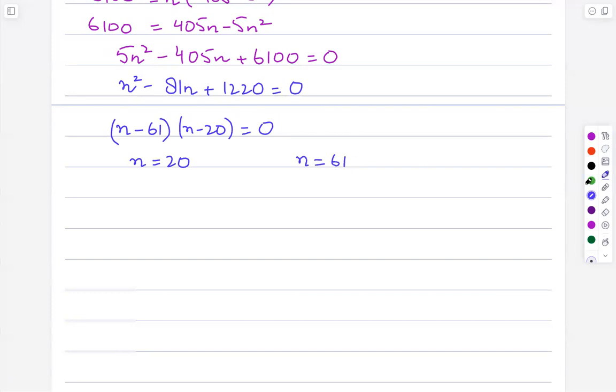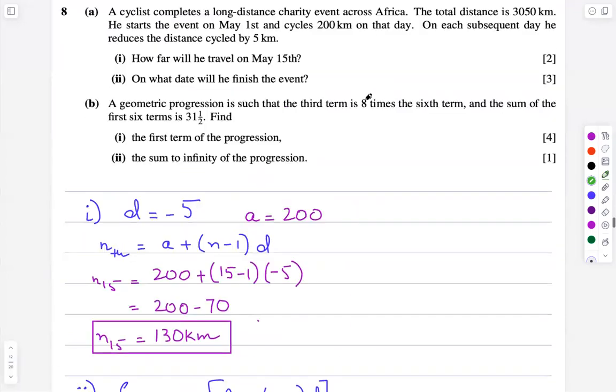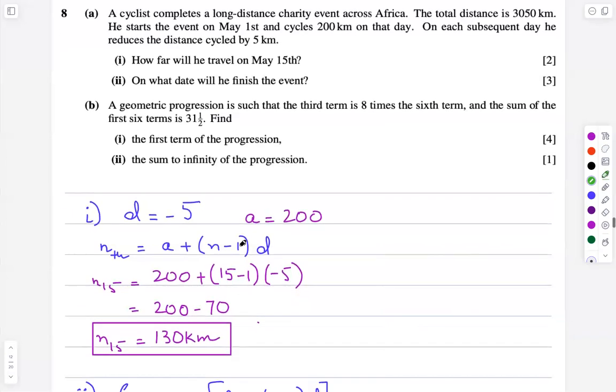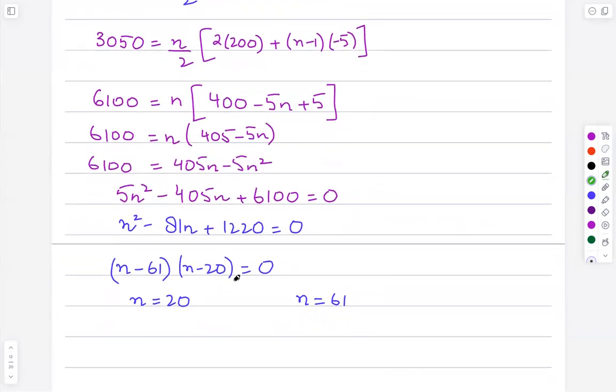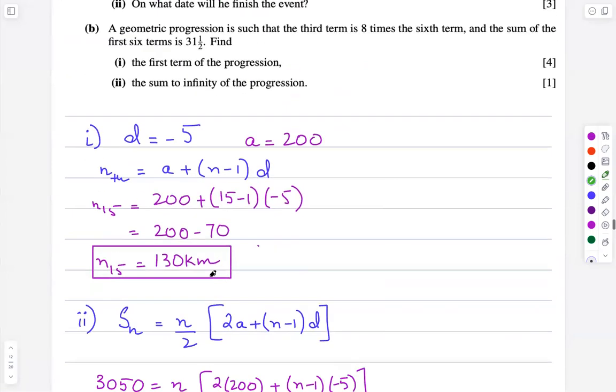Now we have to decide which of these values of n to take, as both of them are giving the sum equal to 3,050. But if we take n as 61, in that case our terms will become negative. As we are starting from 200, it will keep on decreasing by 5 kilometers each day. So if we take the 61st term, the distance traveled will become negative.